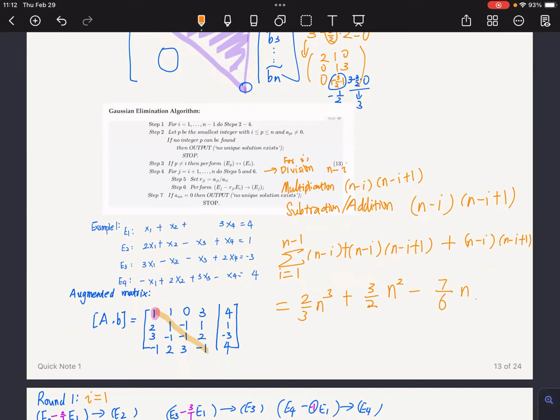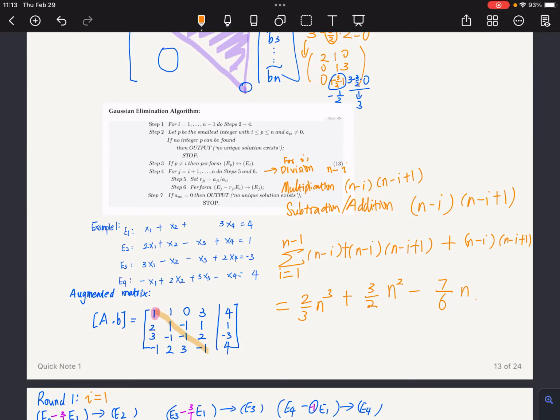When n is really big, like thousands or tens of thousands, you will find that the first term is the dominant one and plays the important role.